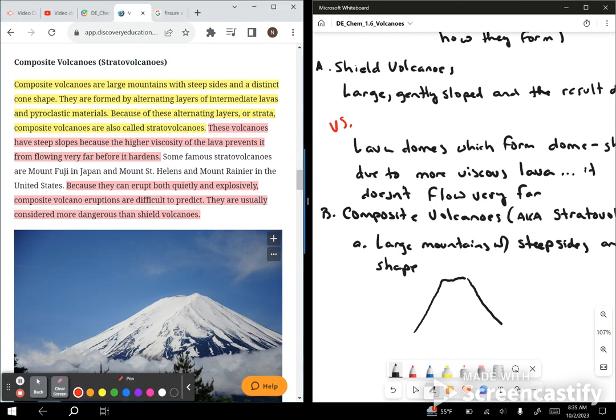If you go over to the left side here, they're formed by alternating layers of intermediate lavas and pyroclastic materials. Okay, so if you're wondering what are the layers that make this up, we could draw that just to kind of give you an idea.